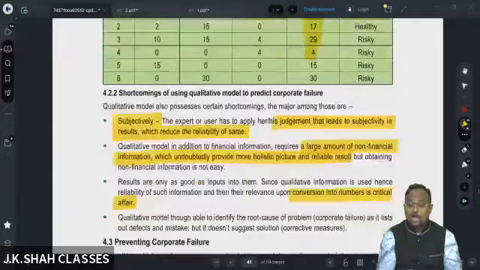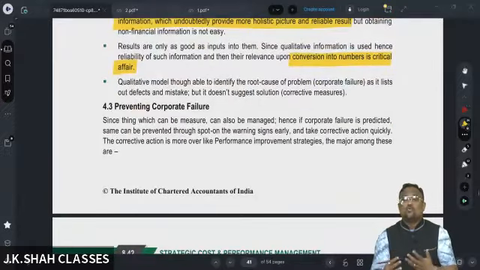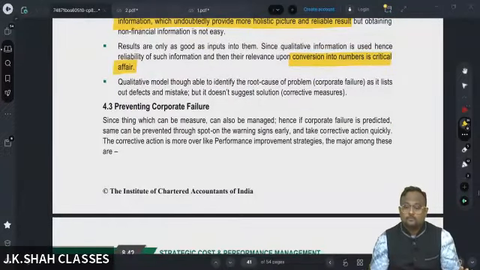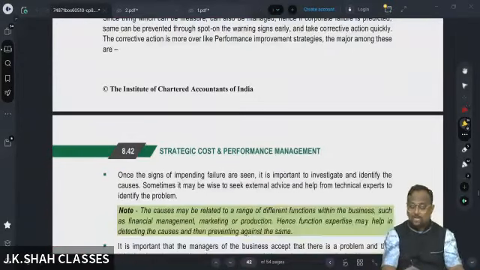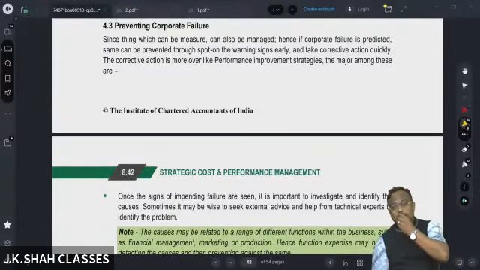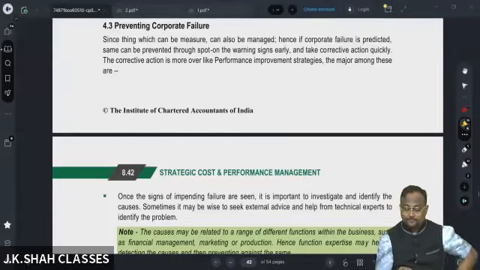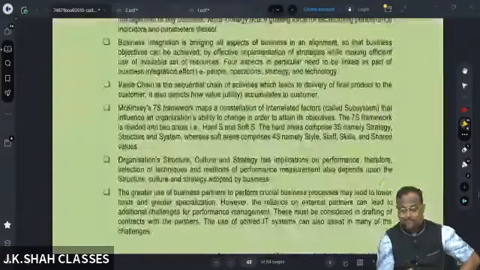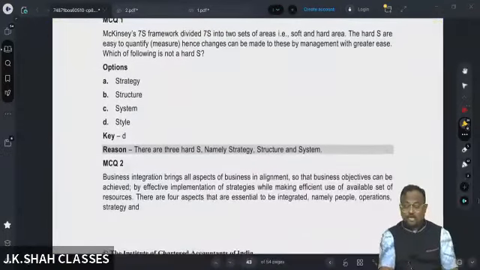So 1 + 1 is not 2 here. That is the major concern. समझ में आया? So preventing corporate failure. वो पढ़ लो सिर्फ. Have a glance on this quickly.